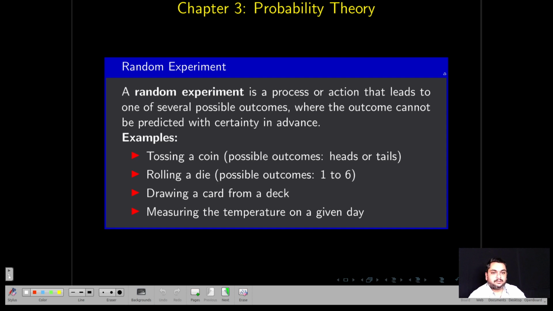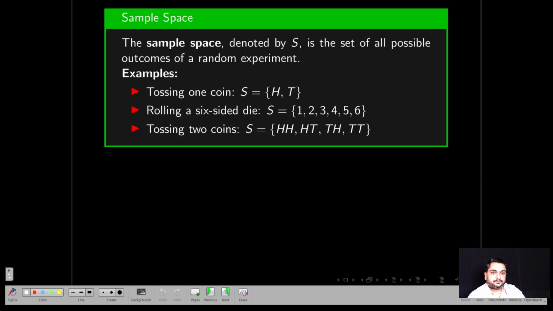Similarly, rolling a die is a random experiment which has 6 possible outcomes. It has face 1, face 2, face 3, face 4, face 5 and face 6. So 6 faces. Similarly, drawing a card from a deck, measuring the temperature on a given day. So any experiment that you conduct which has certain outcomes is called a random experiment.